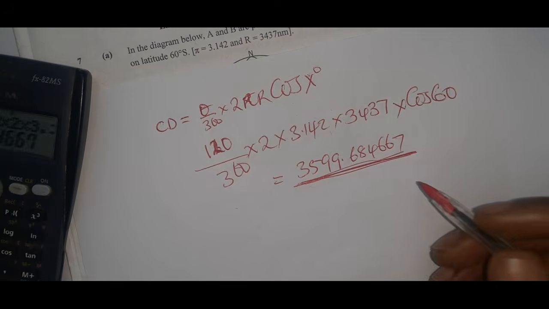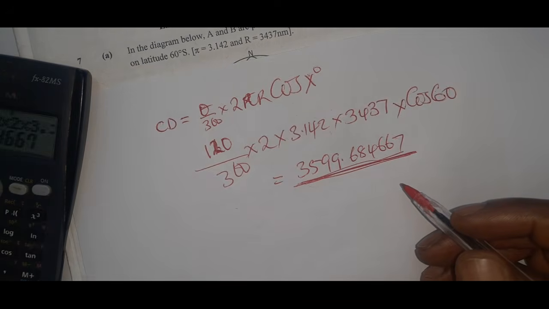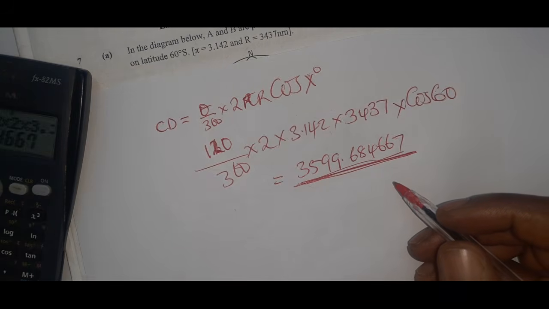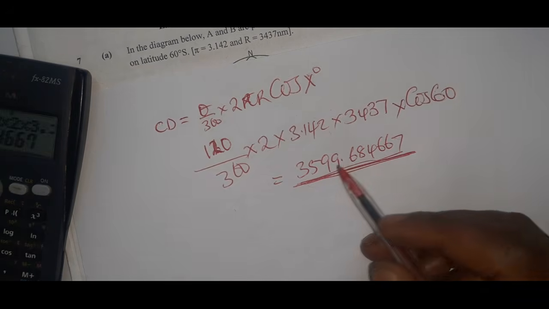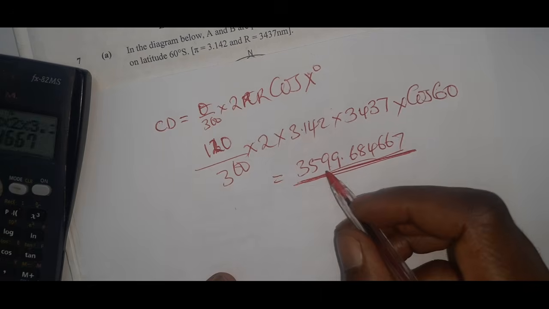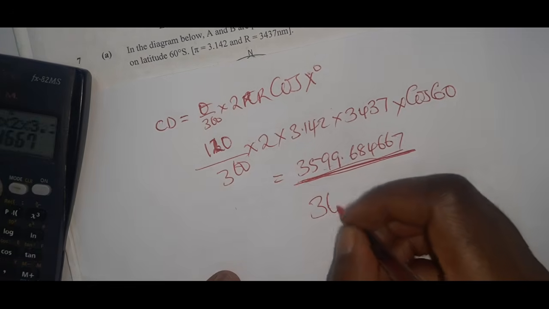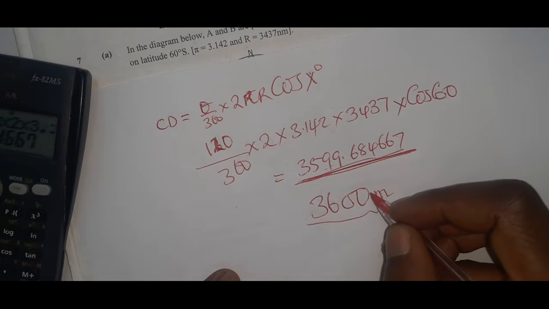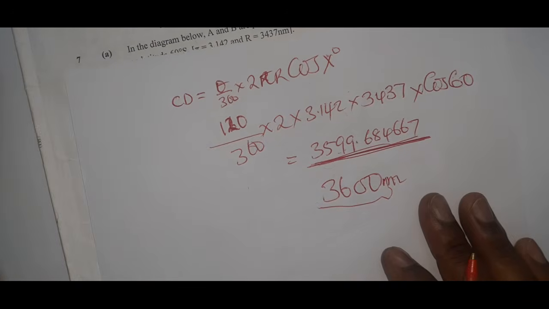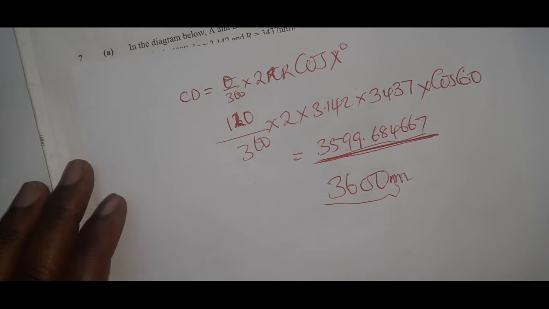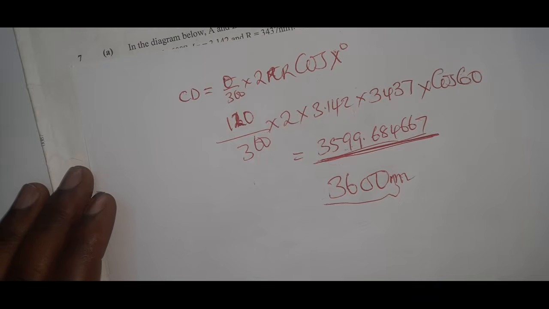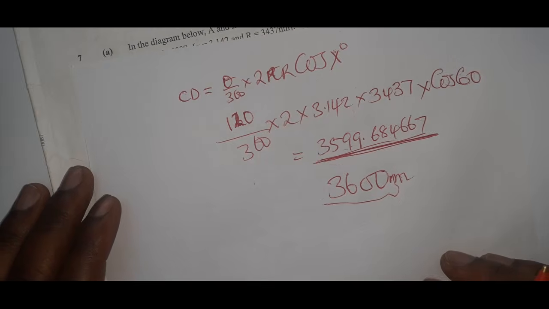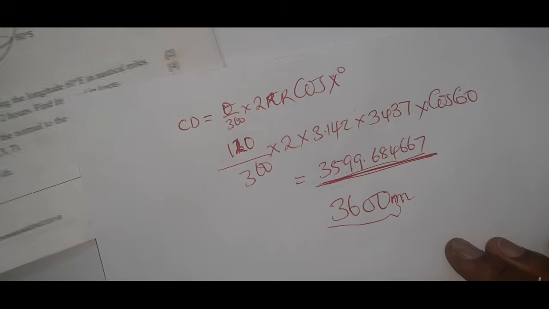But first of all, we can simplify this one, or rewrite this one correct to 3 significant figures. It will end up being this one, not commas. Then take note that now to find the actual speed.